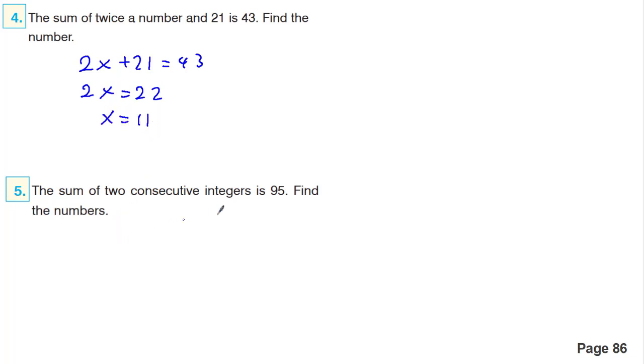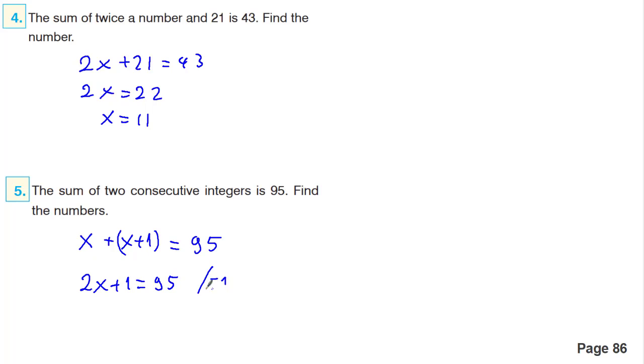The sum of two consecutive integers. If it says two consecutive integers, like if the first one is x, the next one would be x plus 1, of course, because consecutive means one after another. So that means the sum of these two consecutive integers should be 95. So we have 2x plus 1 is 95.